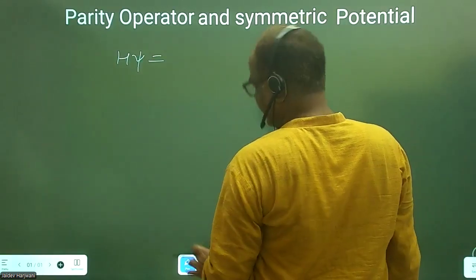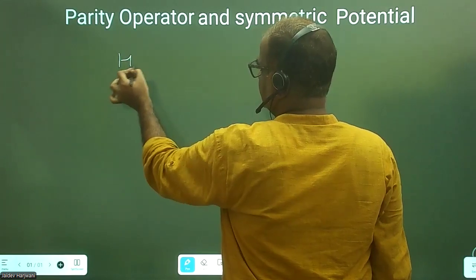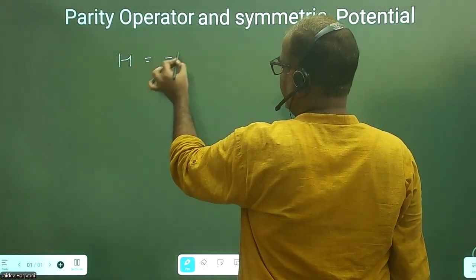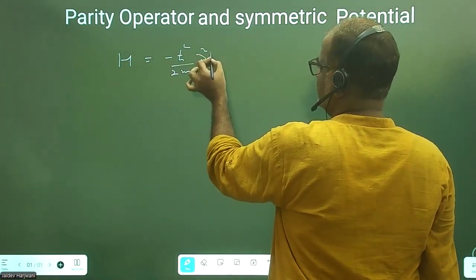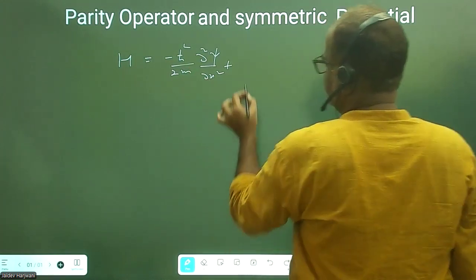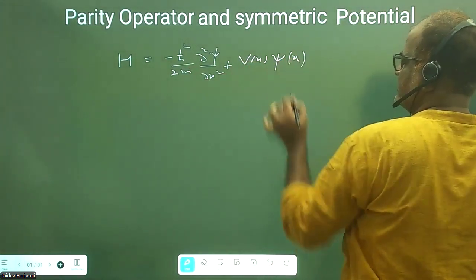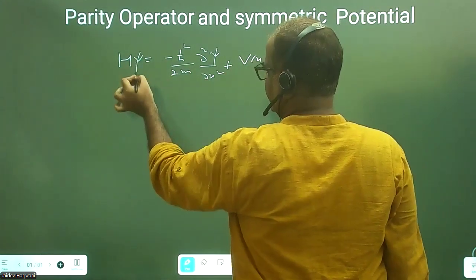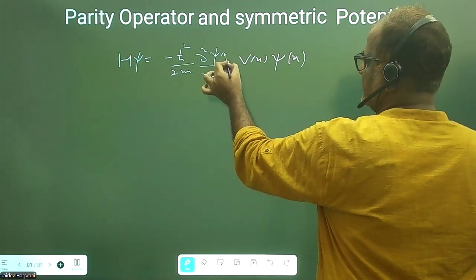Or simply, the Hamiltonian is minus h cut squared by 2m, del 2 psi upon del x squared, plus V(x) psi(x), acting on psi(x).